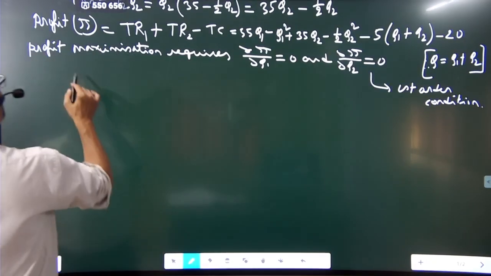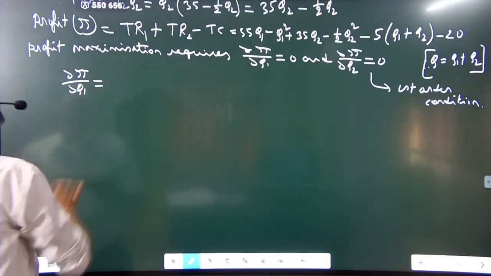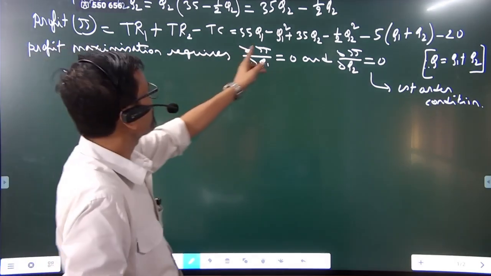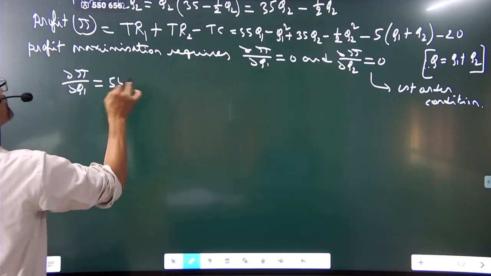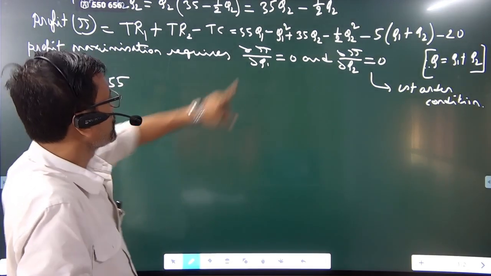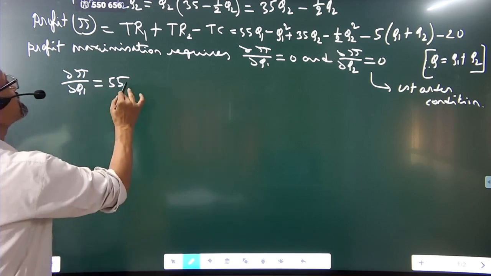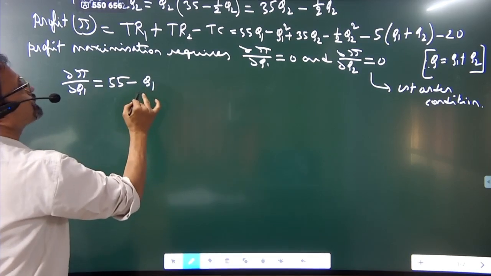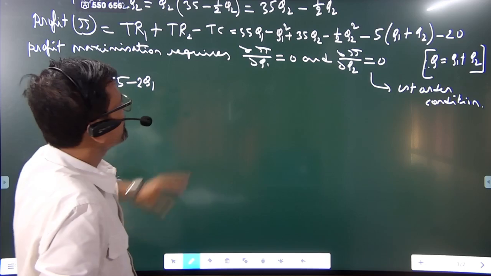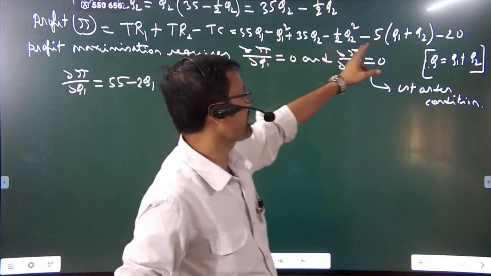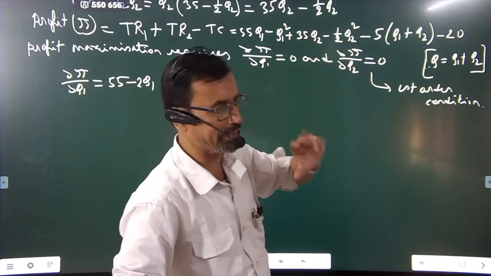So del pi by del Q1: we differentiate pi, so 55 Q1 after differentiating gives 55, and minus Q1 square gives 2Q1. Next, all other terms are treated as constant because we are differentiating with respect to Q1, so Q2 is treated as constant.